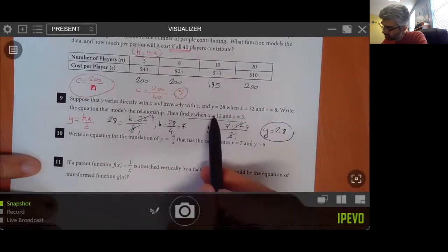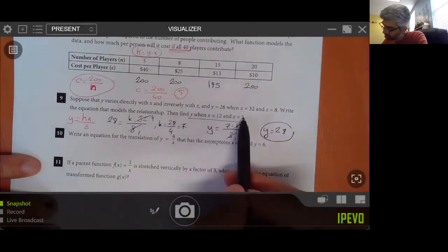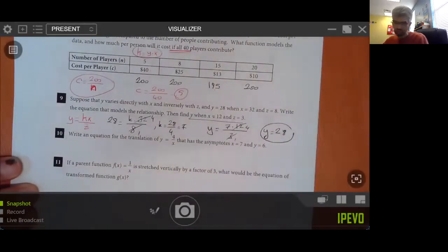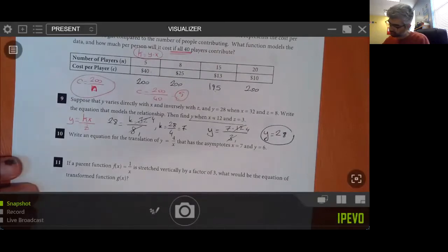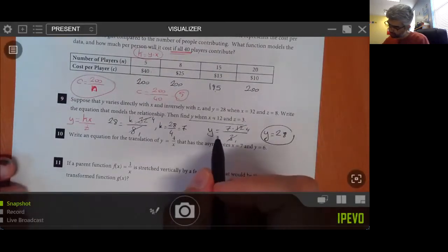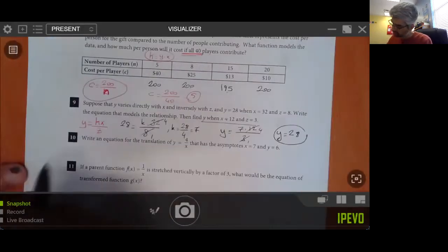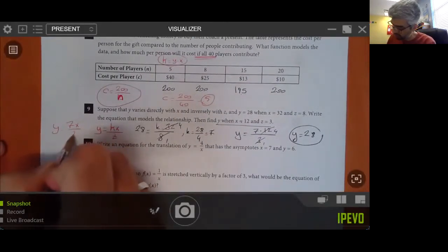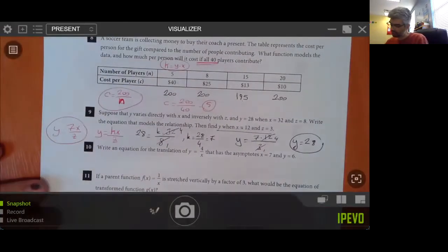As you see, x is 12, z is 3. Good. Yes, it's correct. So maybe I write it here: y equals 7x over z. This is the equation, and this is the y value.